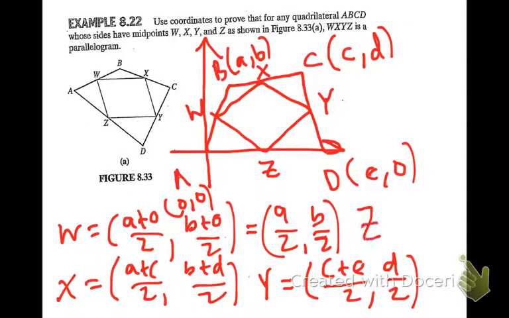And Z is going to equal E over 2, 0. So I found the coordinates of all those midpoints.